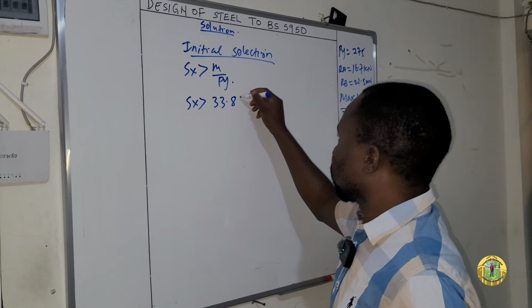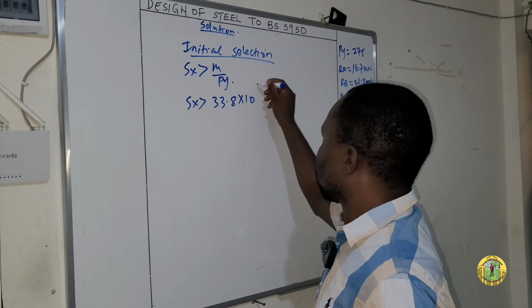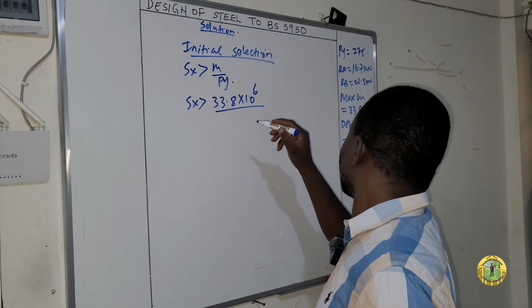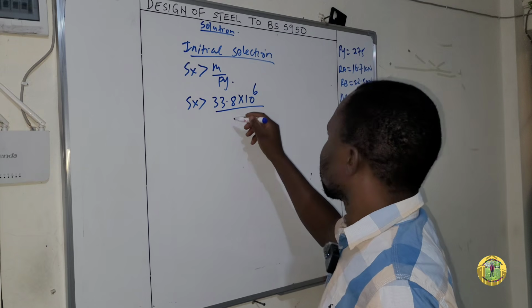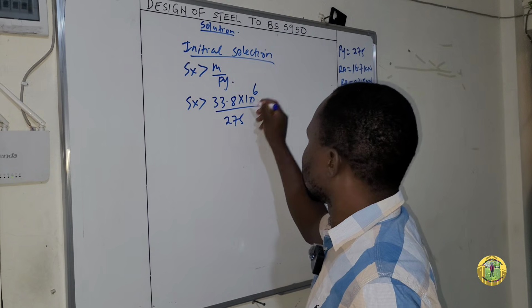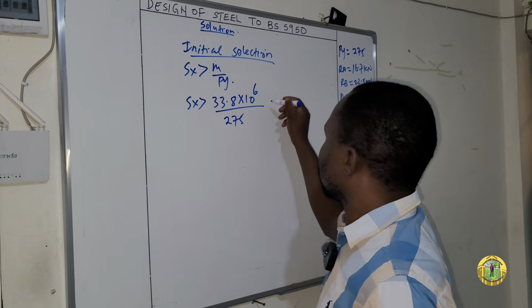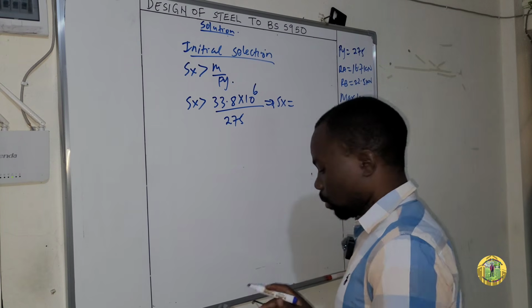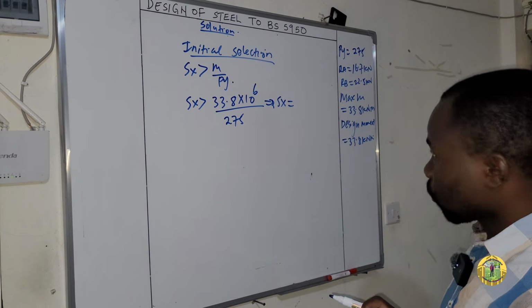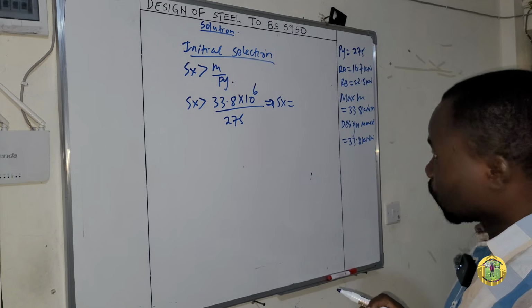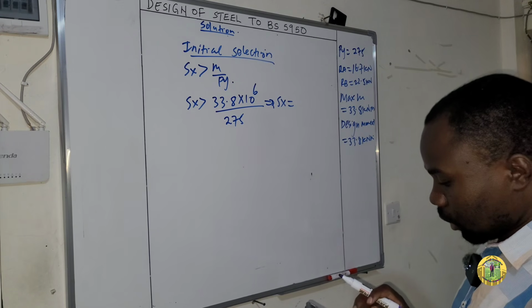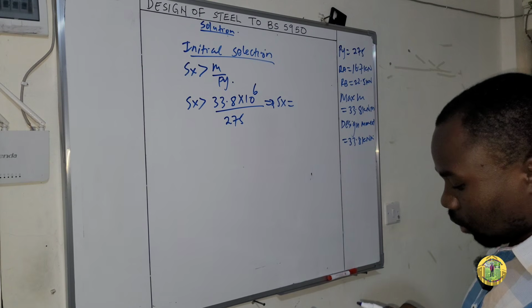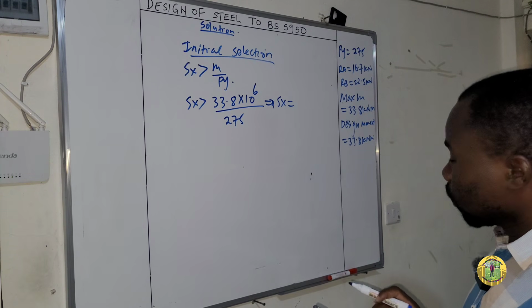So you will multiply by 10 raised power 6 all over py, which is 275, which implies Sx is equal to 33.8 times 10 raised power 6 over 275.